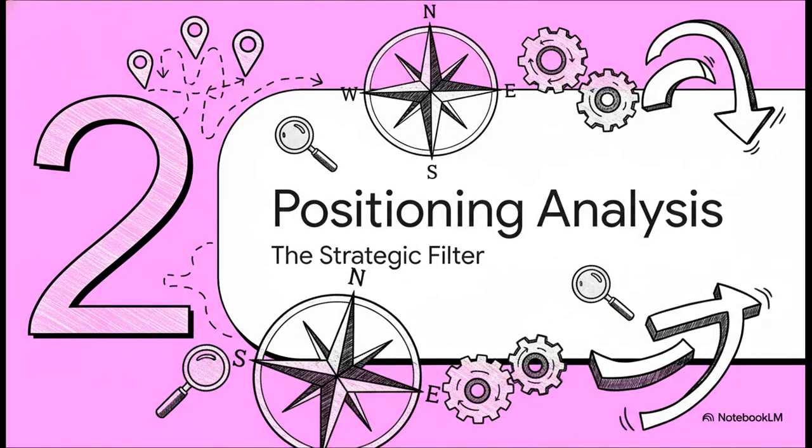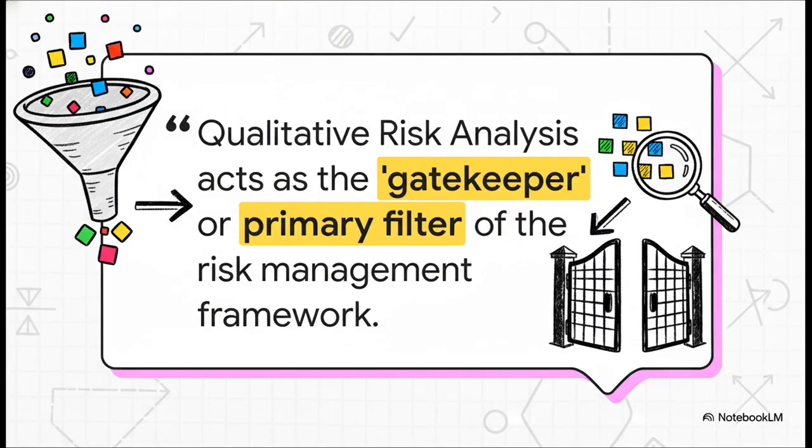So with that problem in mind, where does this process fit into the overall project management framework? What is its core function? The key benefit, and the concept you really need to internalize, is that this process acts as a strategic filter. Its main job isn't to analyze every single risk down to the last detail. No, its purpose is to rapidly sort and prioritize, allowing us to focus our limited resources only on the high-priority risks that can genuinely make or break the project.